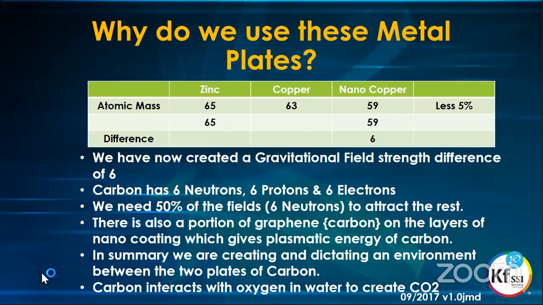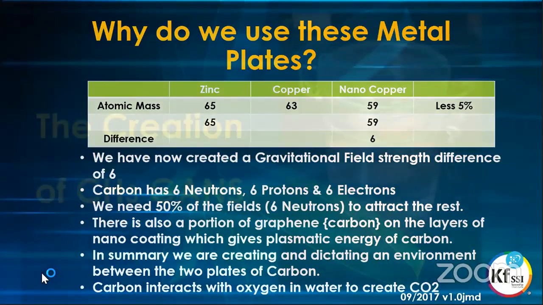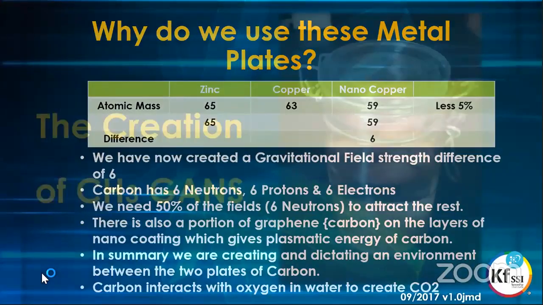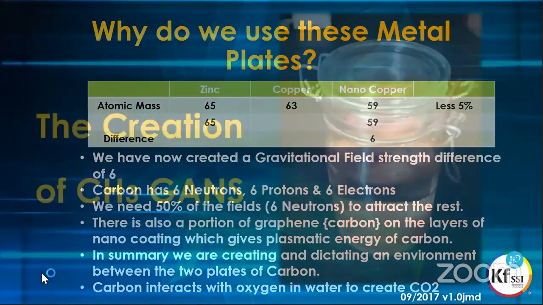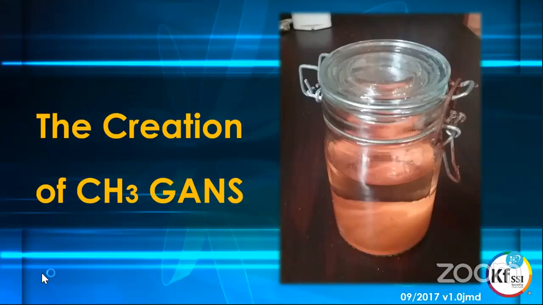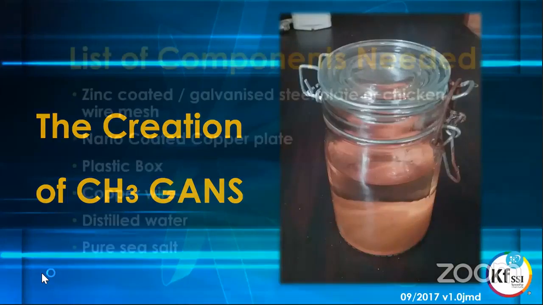I remember Sandor went through quite a lot of detail explaining this in the previous workshops, so I won't go into too much of that now. It's just about understanding what condition we're creating in our box. So that was our CO2. Now we have to take those same concepts and move into the creation of the CH3 GANs, using the same principles and understanding.